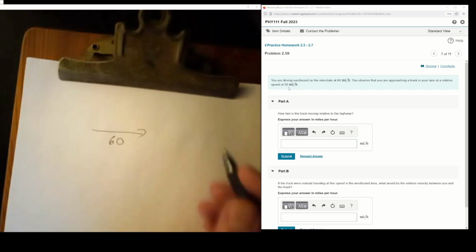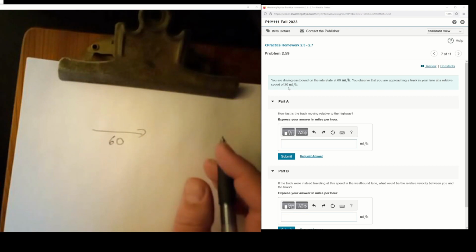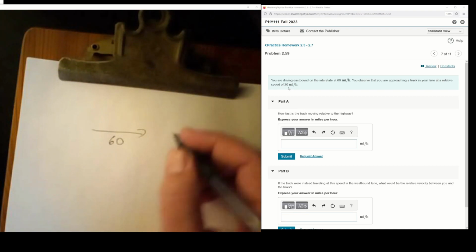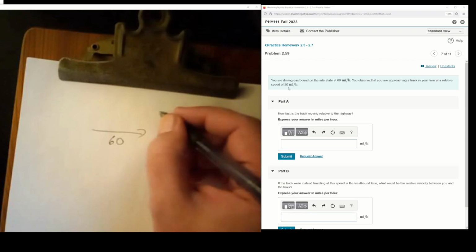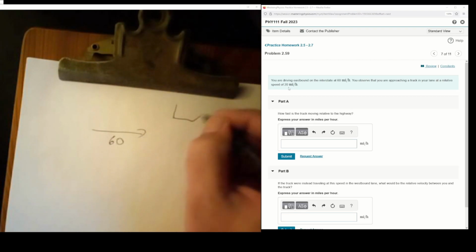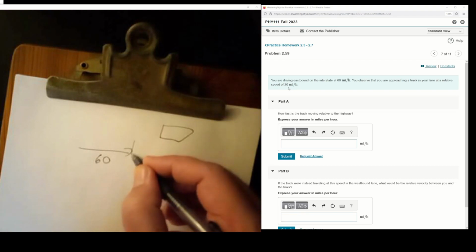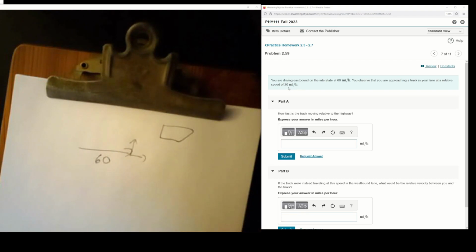So I'm going to take their wording that the truck is actually approaching us, which is going to mean, so here's the truck, put the coordinate system on our car, traveling 60 miles per hour.